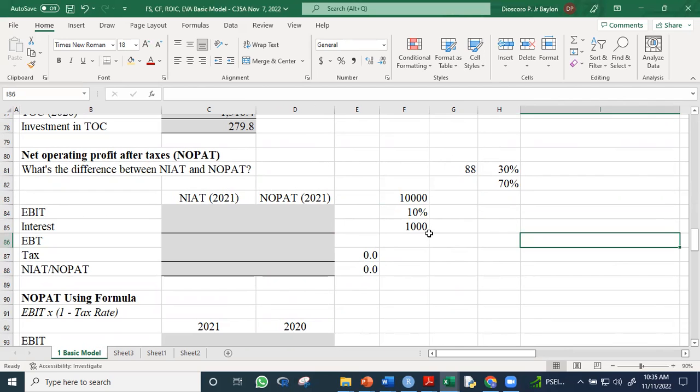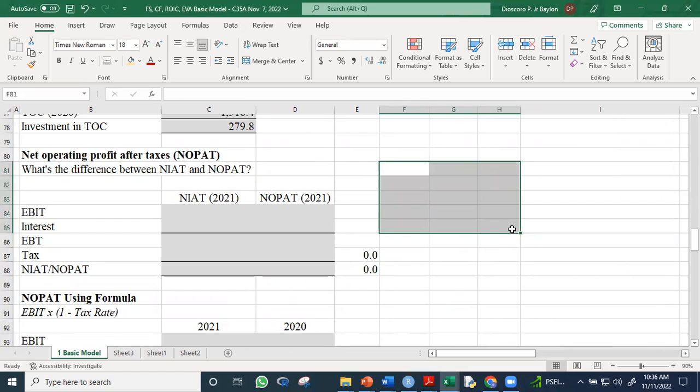Do you have these figures? Okay, let's just delete this because it may cause confusion.